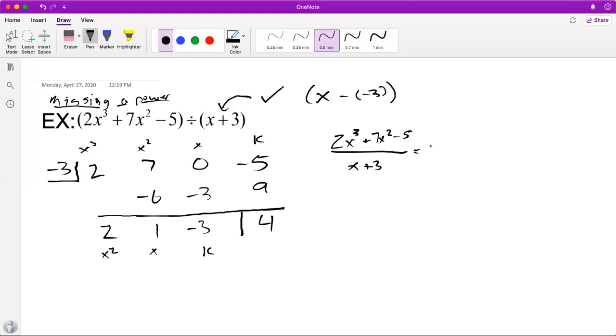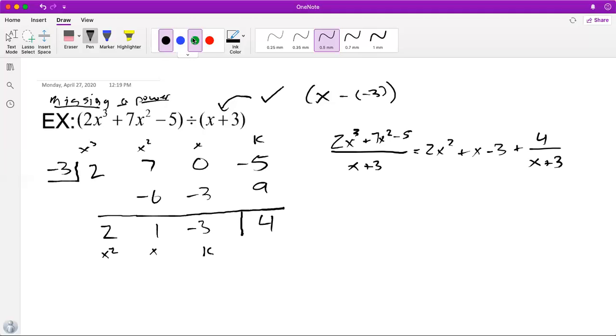So it's 2x squared plus x minus 3. But what we do with the remainder is you write the remainder as a fraction, as the numerator over whatever the divisor was.